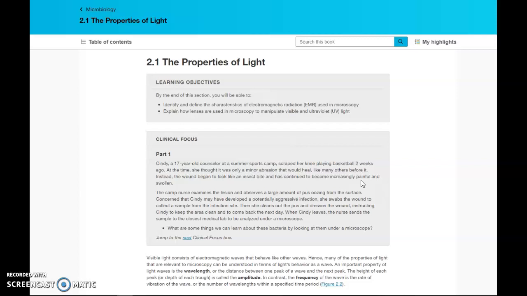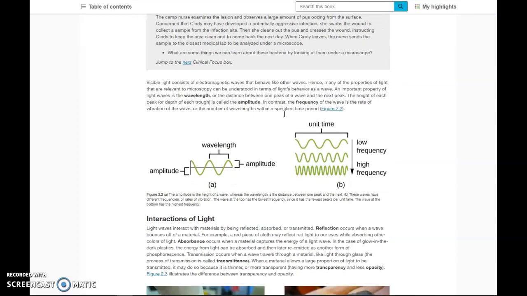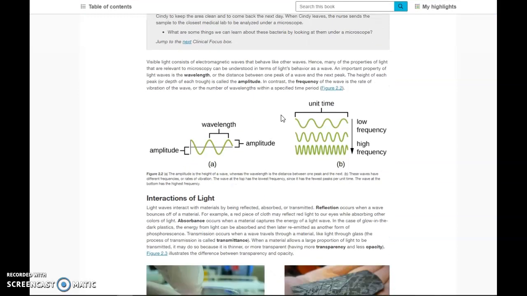eye. Now, in order to understand how microscopes work, the first thing that we have to look at are the properties of light. So in section 2.1 in your OpenStax textbook, you have this introduction to the properties of light.